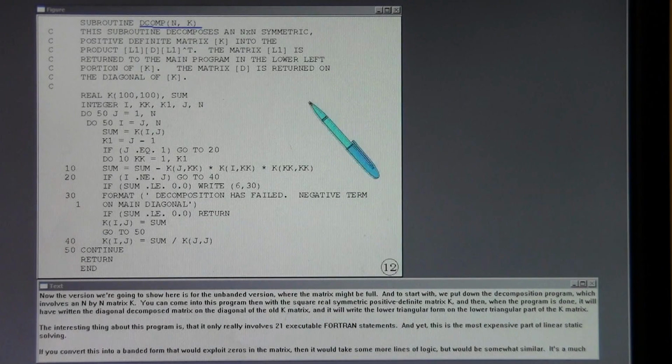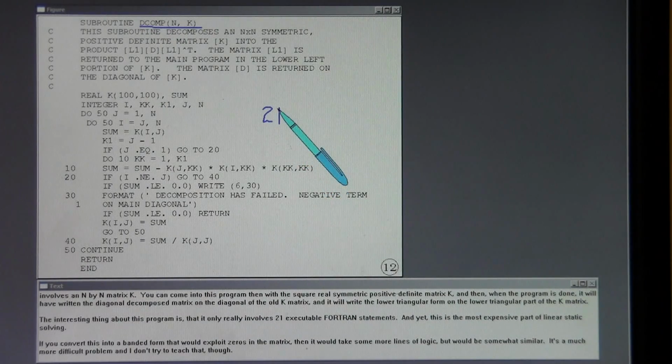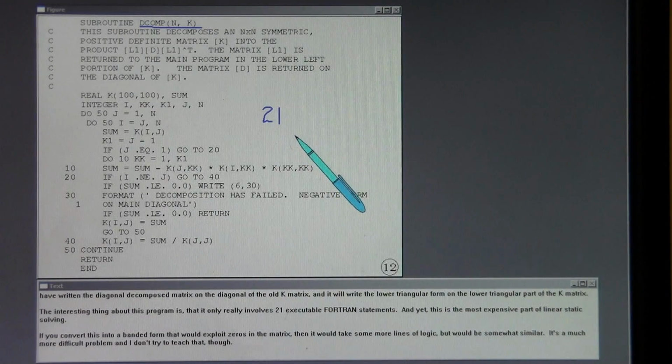The interesting thing about this program is that it only really involves 21 executable Fortran statements, and yet this is the most expensive part of linear static solving. If you convert this into a banded form that would exploit zeros in the matrix, then it would take some more lines of logic, but would be somewhat similar. It's a much more difficult problem, and I don't try to teach that though.